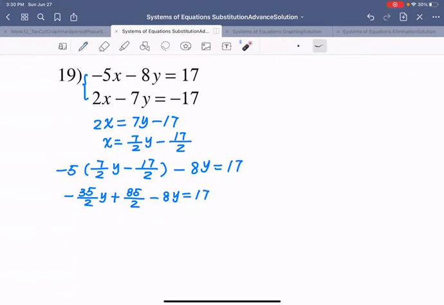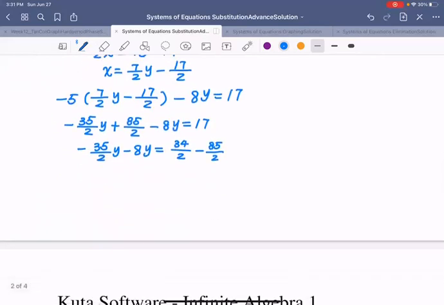So we can minus this guy to this side, right? Yeah. 17, we can change it to 34 over 2, right? Now, how much is this?